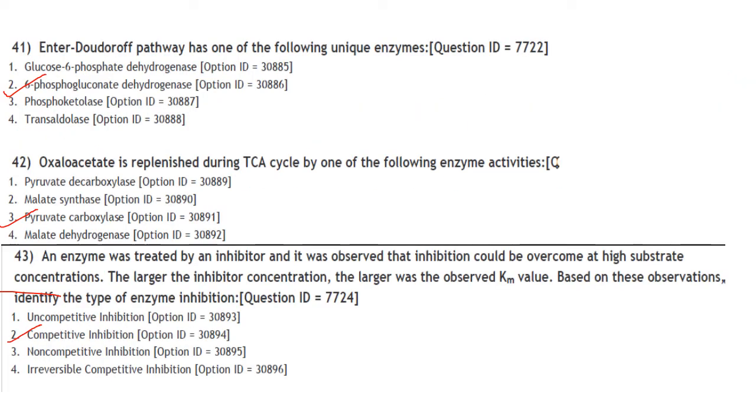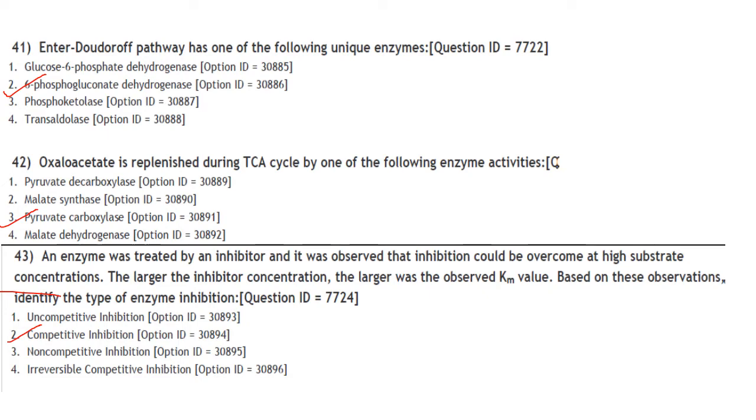Then next one. Entner-Doudoroff pathway has one of the following unique enzymes. So the Entner-Doudoroff pathway is an alternate series of reactions that catabolize glucose to pyruvate, and it uses a different set of enzymes from those used during glycolysis and the pentose phosphate pathway.